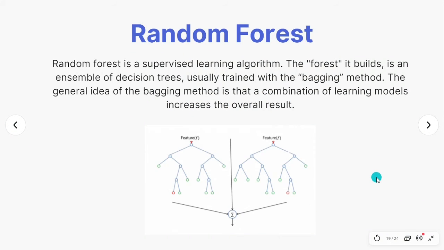So the last classification algorithm is random forest. Random forest is a supervised algorithm. The forest induced is an ensemble of decision trees, usually trained with the bagging method. The general idea of the bagging method is that a combination of learning models increases the overall results.